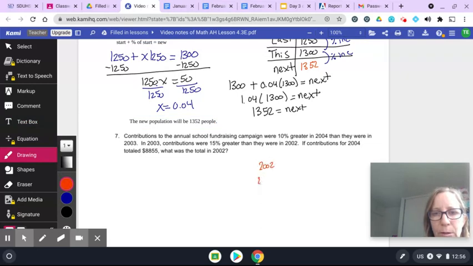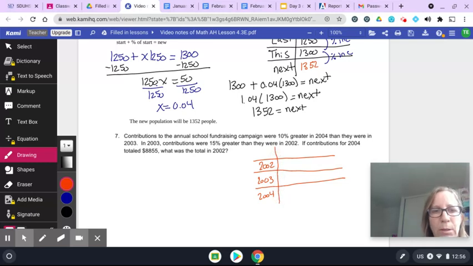2002, 2003, 2004. I reread contributions to the annual school fundraising campaign. Oh, this is just fundraising, to get the things in the school that you want. Were 10% greater in 2004 than they were in 2003.